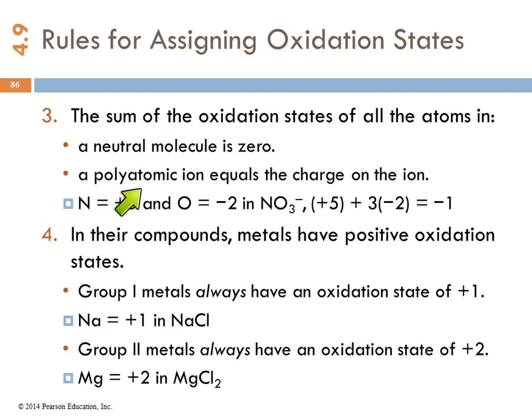For a polyatomic ion, the sum of the oxidation states is going to equal the charge on the ion. So if we look at nitrate ion, oxygen is going to have an oxidation state of -2. Nitrogen is +5, and we take 5 plus 3 -2s, and that adds up to a -1 charge, so a -1 oxidation number.